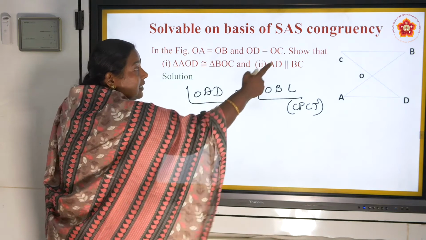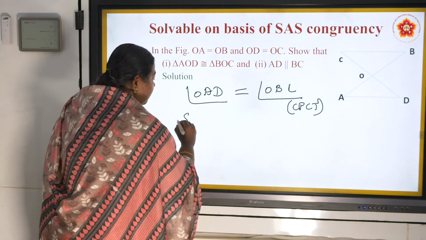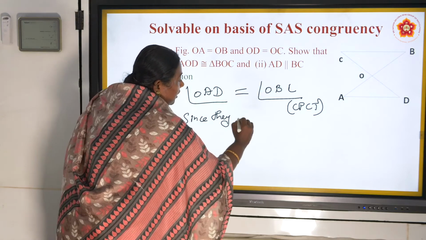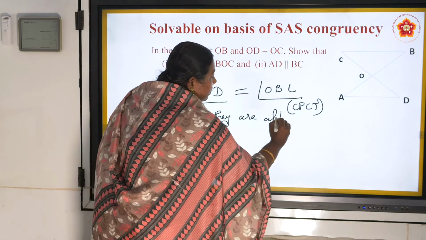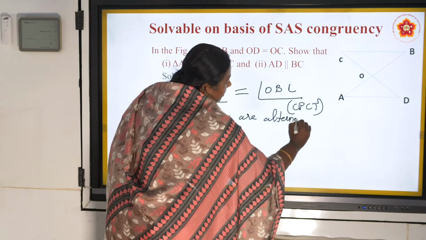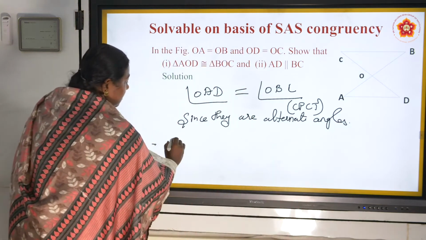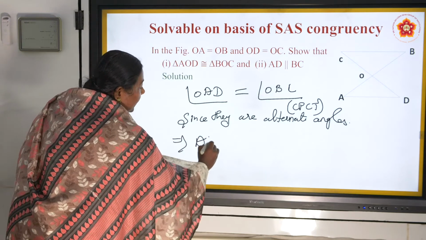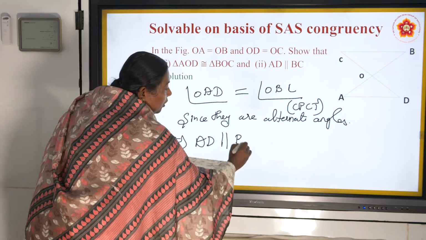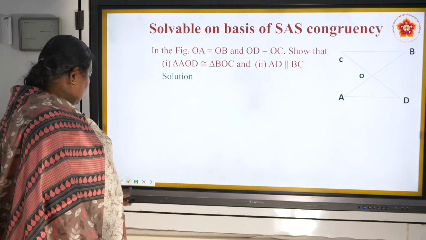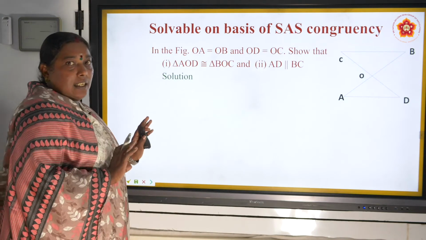And since they are alternate angles, it gives AD is parallel to BC. Okay, so this is what the solution is.